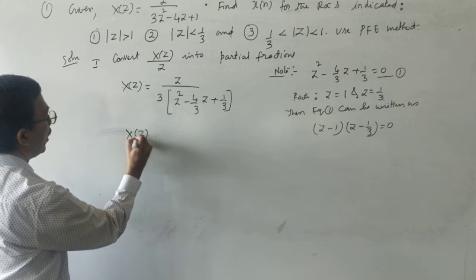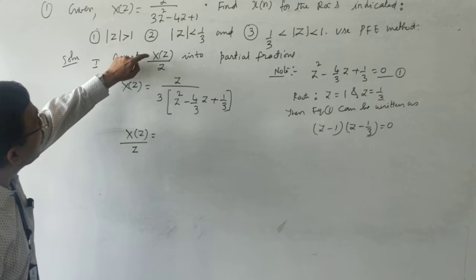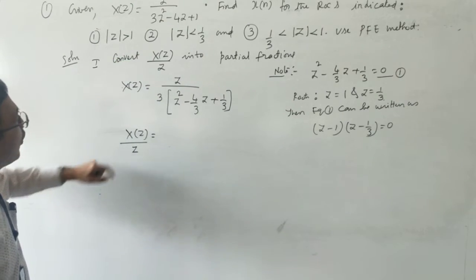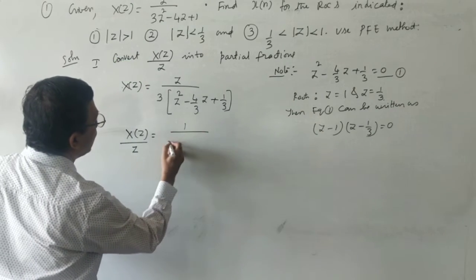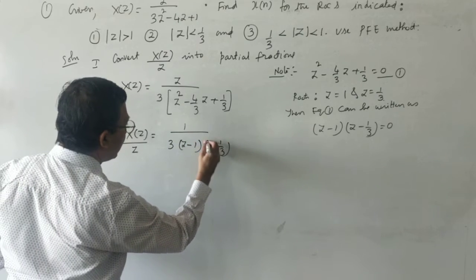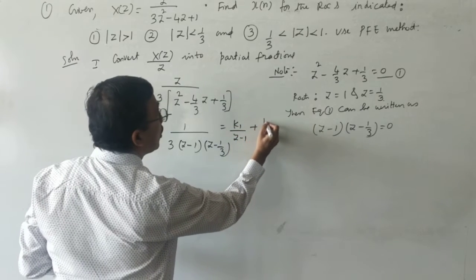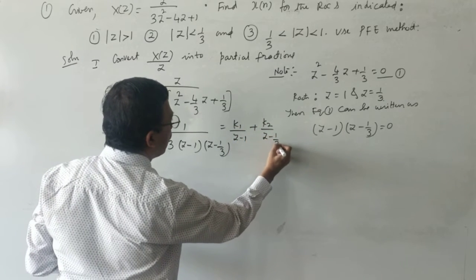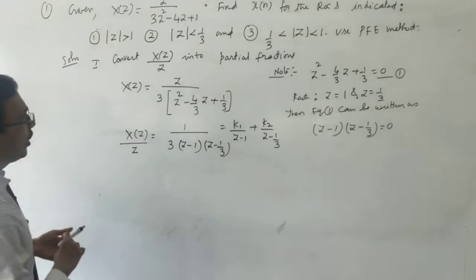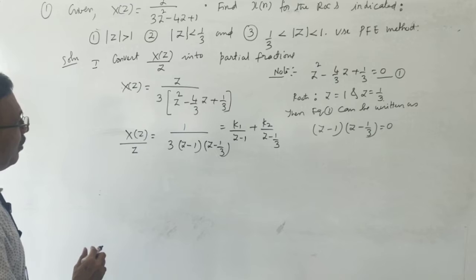X of z by z, because I have to convert x of z by z into partial fractions, is 1 over 3 into z minus 1 into z minus 1 by 3. This I will write as k1 by z minus 1 plus k2 by z minus 1 by 3, where k1 and k2 are the constants associated with partial fraction expansion.